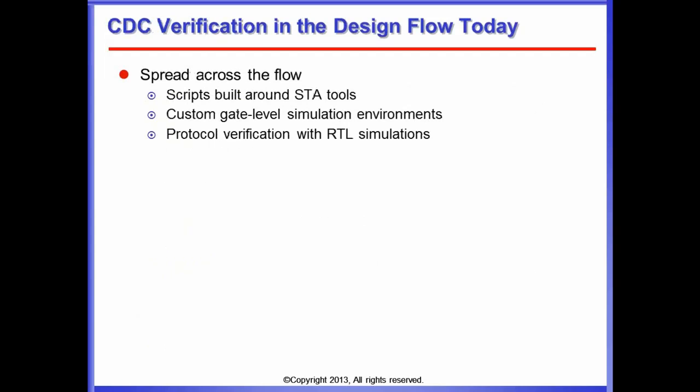Then how is it traditionally done? How is it done today? Most customers I have do not use a dedicated CDC analysis tool. They use some scripts built around SDA.